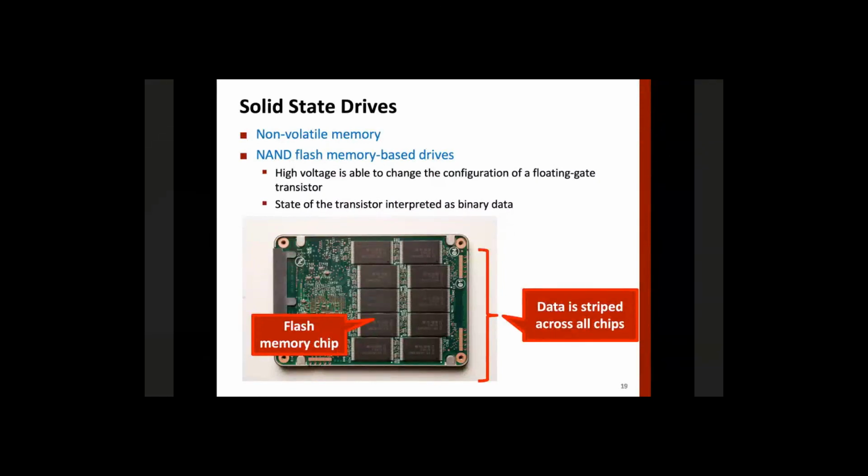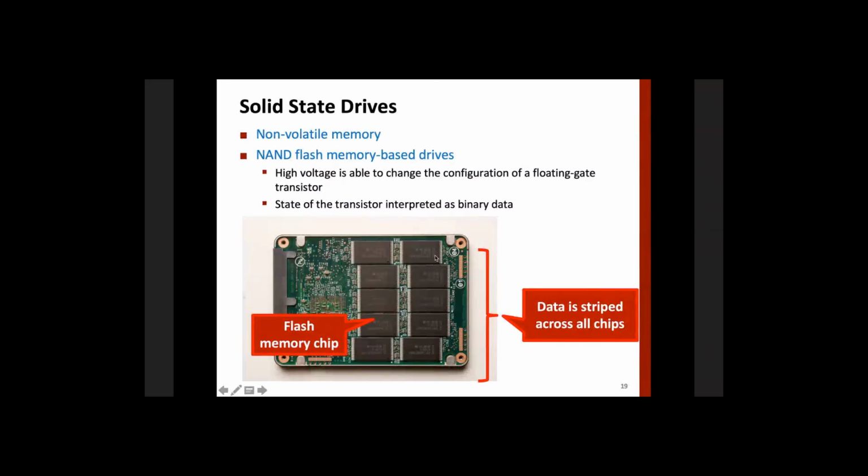It's non-sequential. So what you do is that if you have a 32 or 64 byte data, then you strip it out into multiples. For example, each chip will contain, say, 4 bytes.